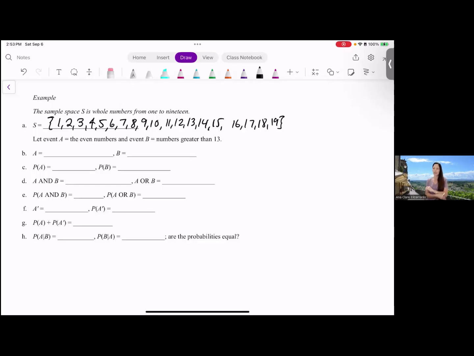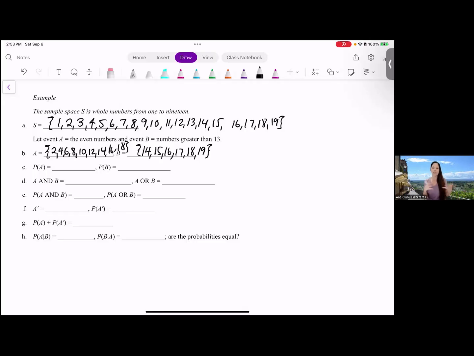Now we're told that the event A is even numbers and B are numbers greater than 13. So let's list those as well. A is {2, 4, 6, 8, 10, 12, 14, 16, 18}, and B is then greater than 13, which starts at 14, 15, 16, 17, 18, and 19.